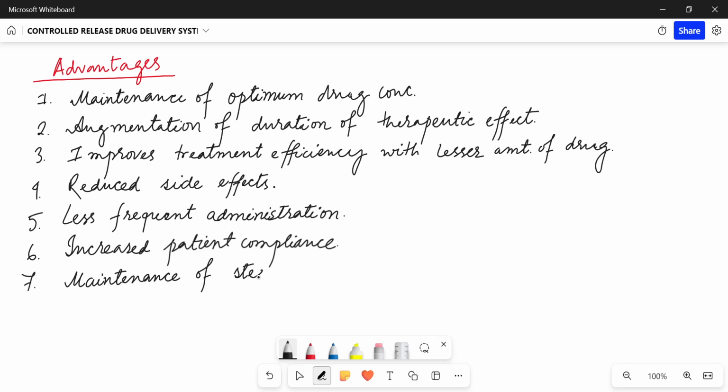Maintenance of steady state plasma concentration level of drug. So these are the advantages.